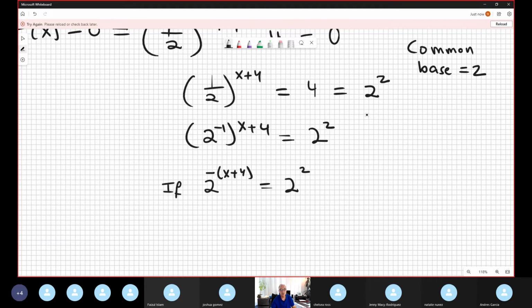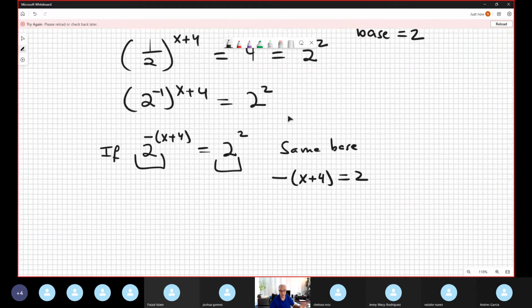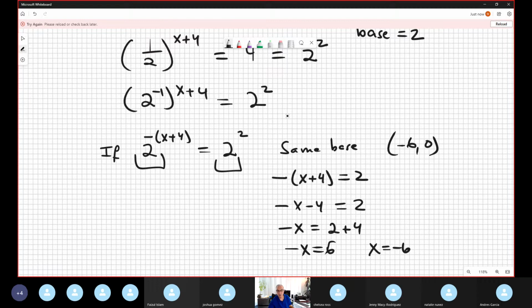Again, if you have two exponential functions with the same base, the exponents must be the same. So minus (x plus 4) equals 2. And magically, this is magic, guys, you convert the exponential equation into a linear equation, and the base is gone. Distribute: minus x minus 4 equals 2, minus x equals 2 plus 4, minus x equals 6. Therefore, x equals minus 6, and the point is minus 6, 0. This is the x-intercept.